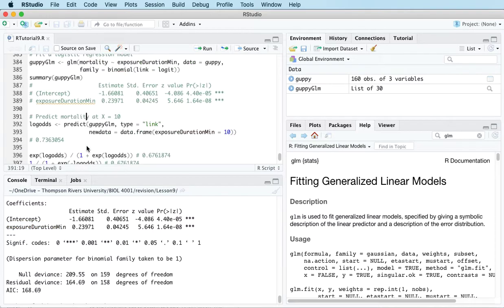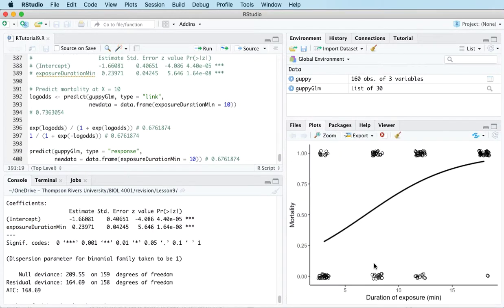So for example, let's suppose I wanted to predict the probability of a fish dying when the duration of exposure is 10 minutes. We can think of this curve here as tracing out the fitted probabilities of dying as the duration of exposure increases.